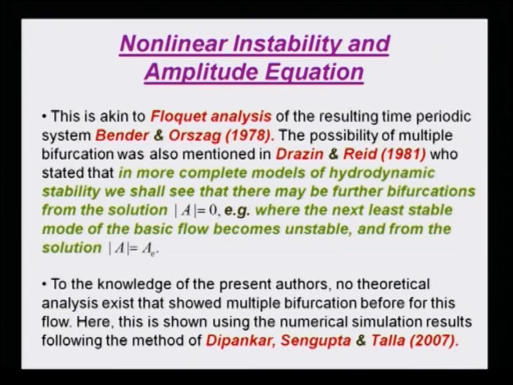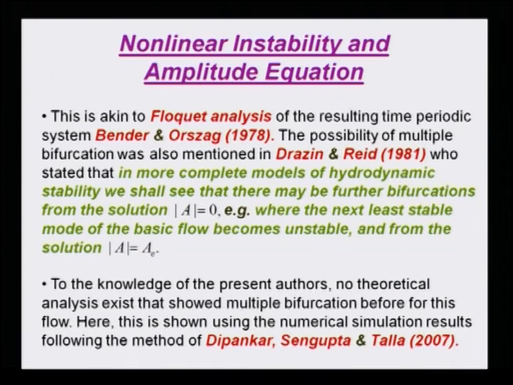This possibility of multiple bifurcation was mentioned in Drazin and Reid, who stated that if we take a more complete model of hydrodynamic stability, we shall see that there may be further bifurcations from this solution. That is where the next least stable mode of the basic flow becomes unstable. That is precisely what I am talking about.